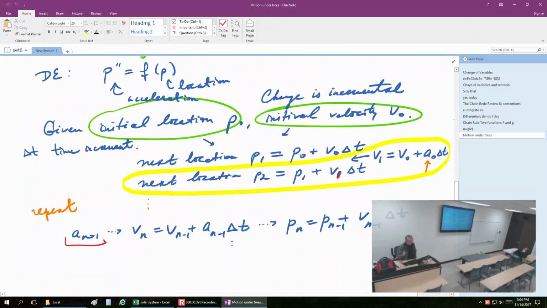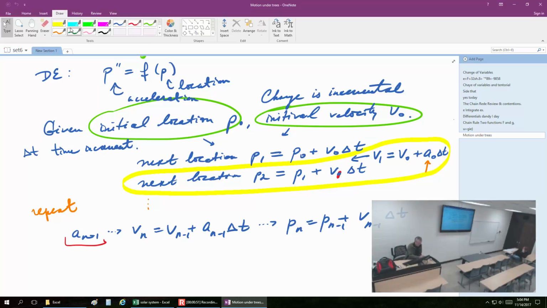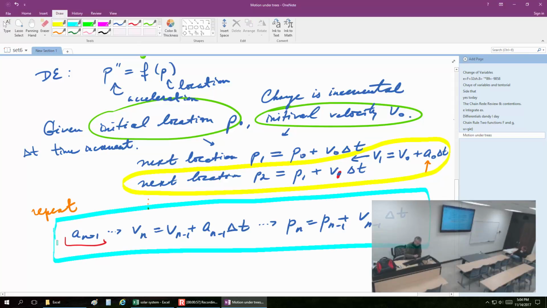pretty much, apart from the actual figuring out the forces, the whole thing is right here, that last line. So let me put it this way. The one thing maybe not quite clear is where the acceleration comes from.